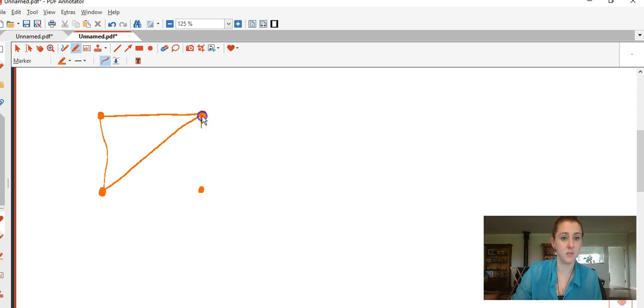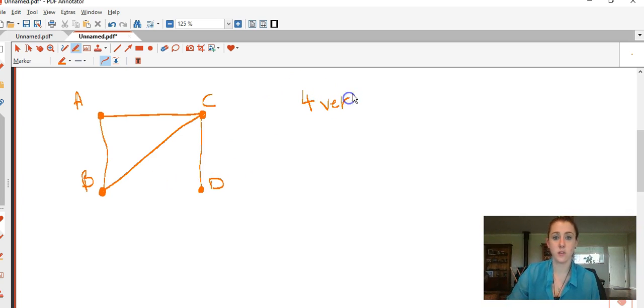Just bear with me while I connect this all up. So I've got A, B, C, and D. Now, I'm going to start off by saying that there are 4 vertices. And I've got 1, 2, 3, 4 edges.